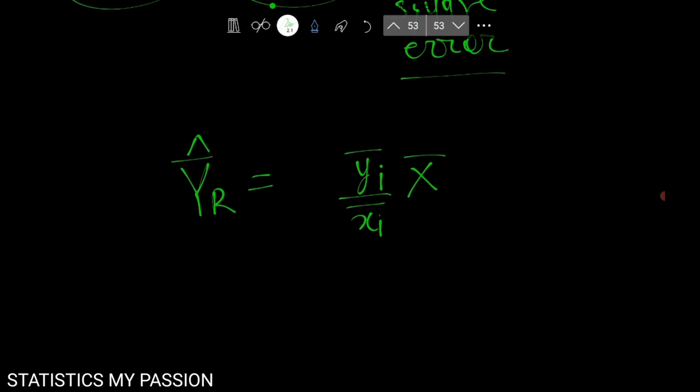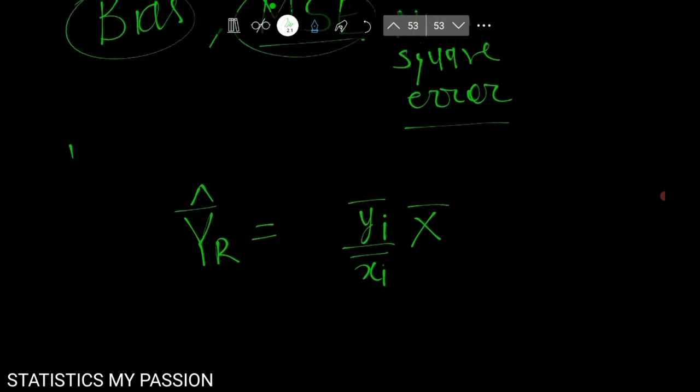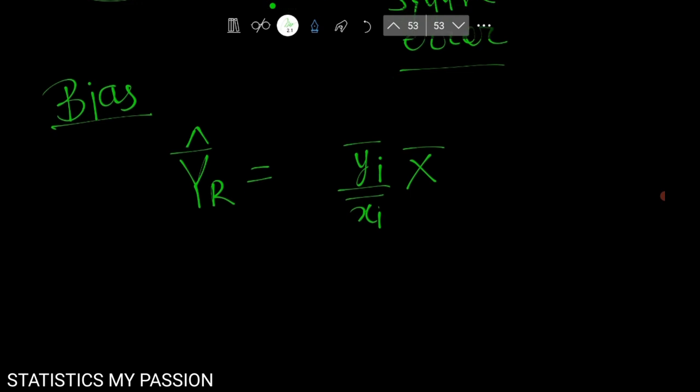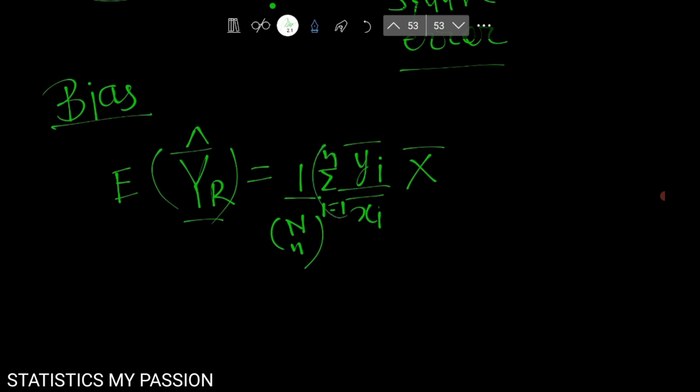Now when we find the bias, first of all we should find the expectation of both sides. So the expectation of y r cap is equal to 1 upon n, by n, and sigma. Why is this a summation?